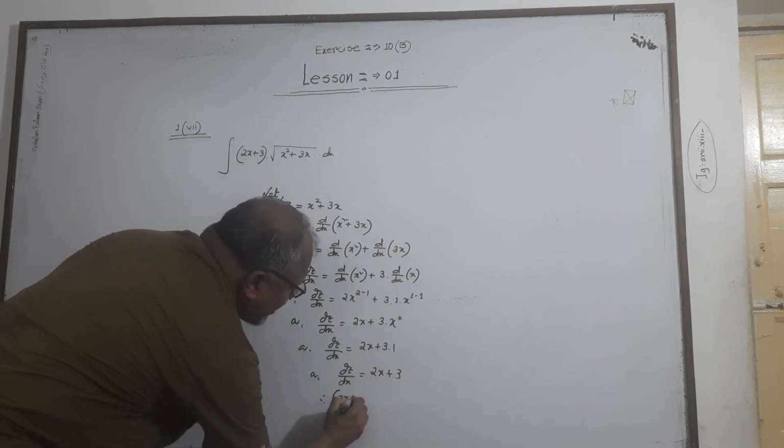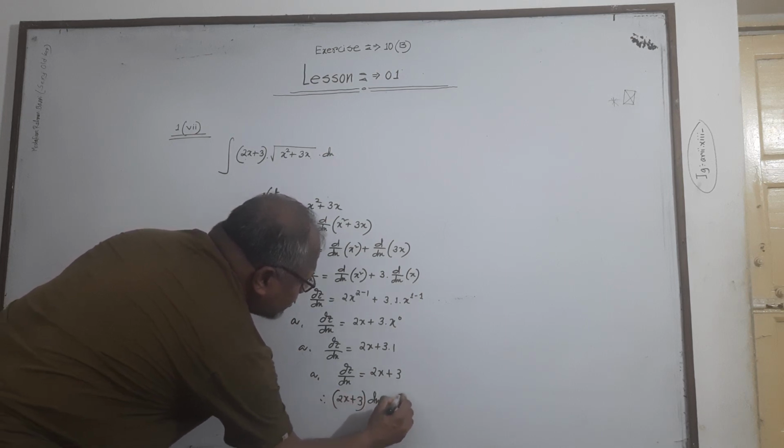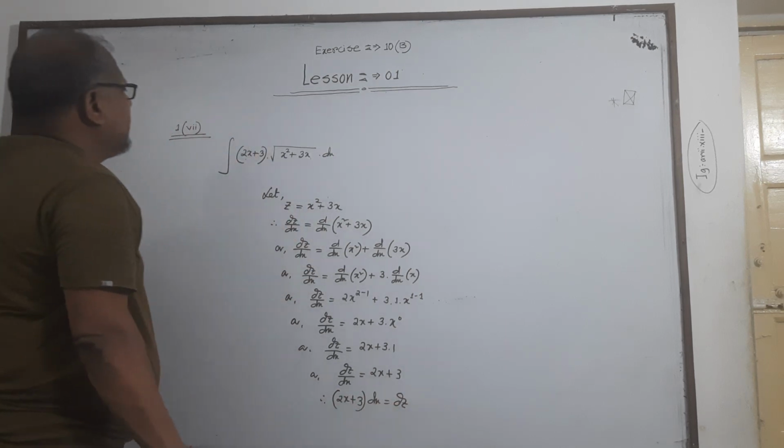Therefore (2x plus 3) into dx equals dz.